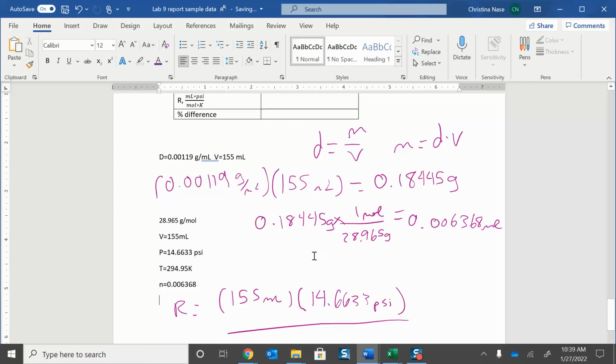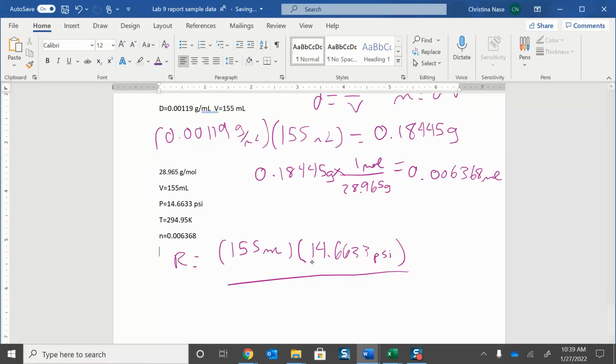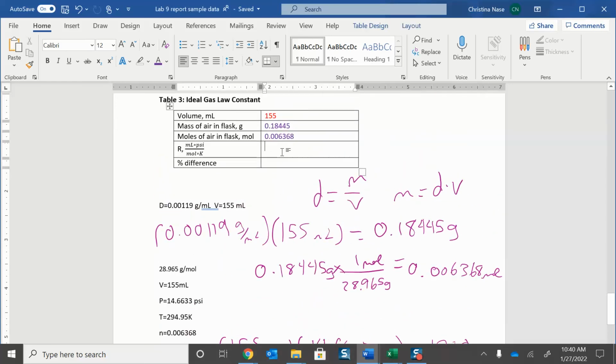And then on the bottom, I'm going to have my moles, the n, 0.006368 moles, times 294.95. So instead of liter atmospheres per mole Kelvin, I end up with milliliter psi per mole Kelvin. When I work all that out, I get 1210. Great. Now that was my R that I got.